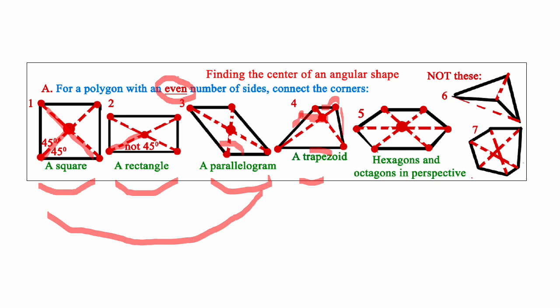For a symmetrical polygon with an even number of sides, diagonals connecting opposite corners intersect in the middle, even if the sides aren't equal, like these hexagons and octagons in perspective. However, this method does not work if the diagonals don't cross or if the polygon isn't symmetrical.